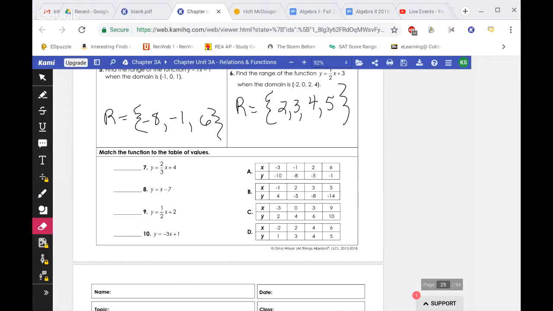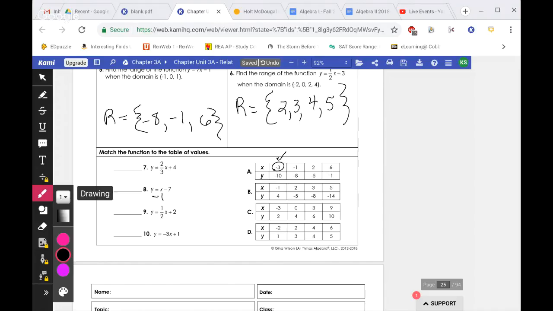So if I plugged in a -3 for this x, would I get a -10? In fact, I would. Okay, well, that one checks, but just to be on the safe side, I better check -1. So if I plugged in a -1 here, would I get a -8?